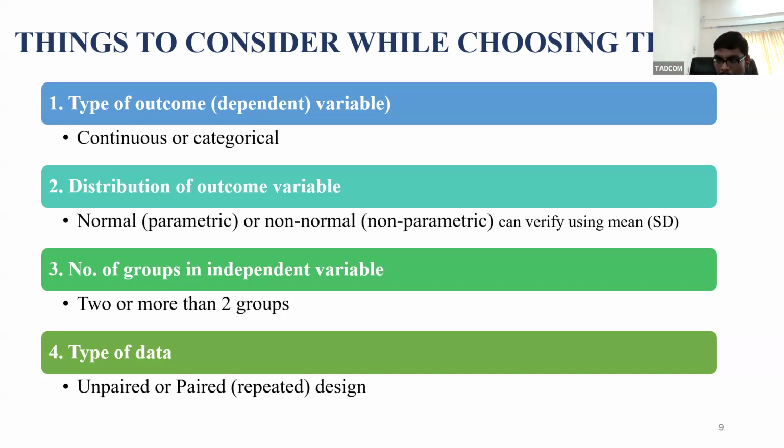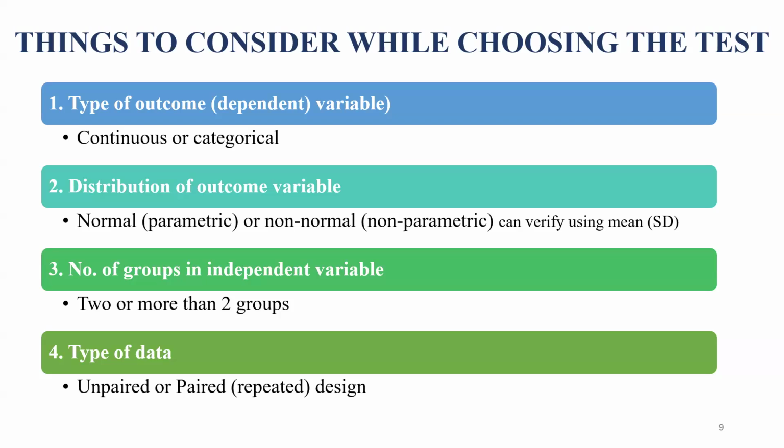So anything else? Anybody want any other clarification before moving further? Sir, sometimes our p-value is significant, maybe 0.05, but clinically the result is insignificant. So what will be our overall inference?